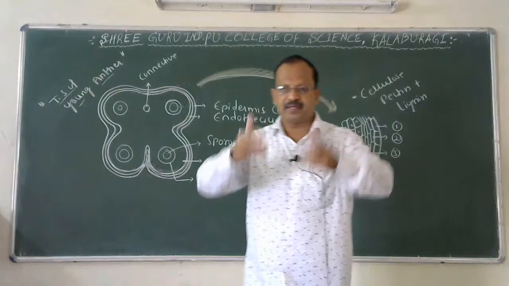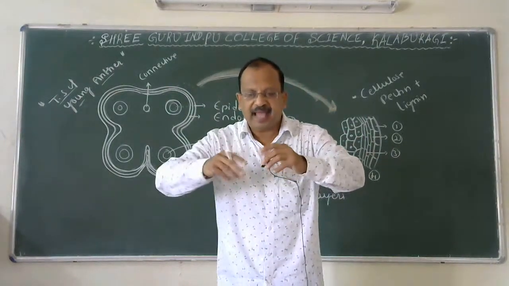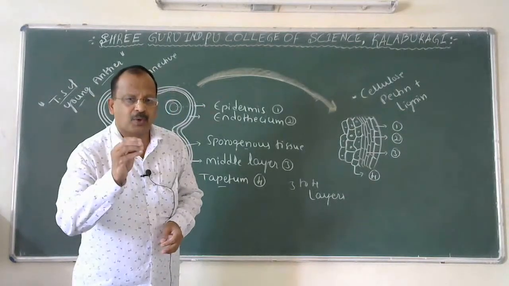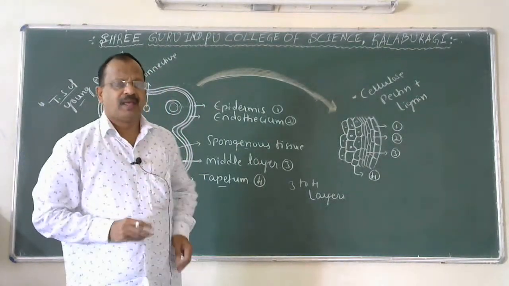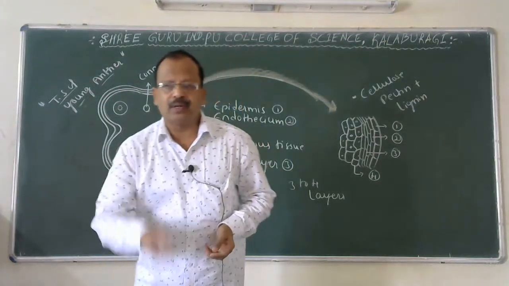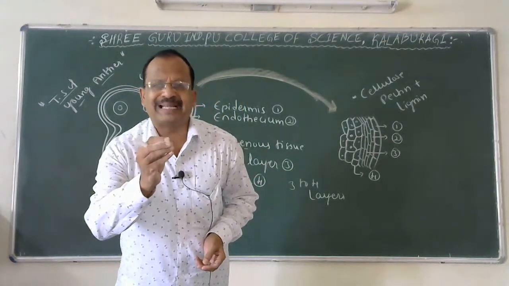As the anther develops, sporogenous tissue will undergo meiotic division and produces pollen tetrads, or you can call them microspore tetrads.